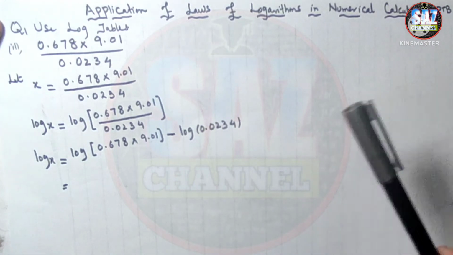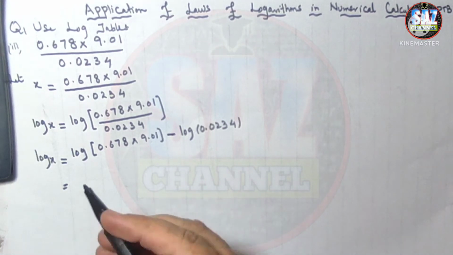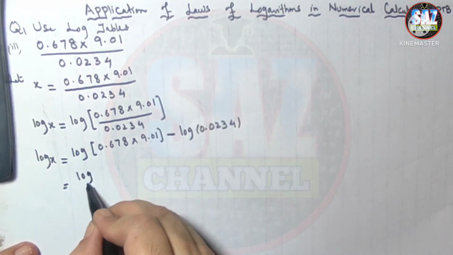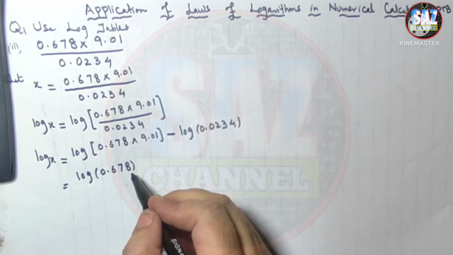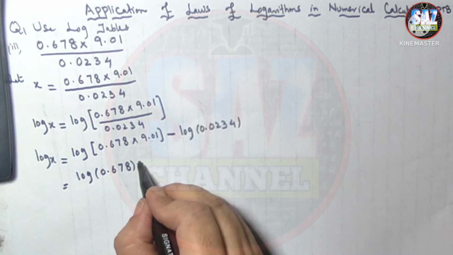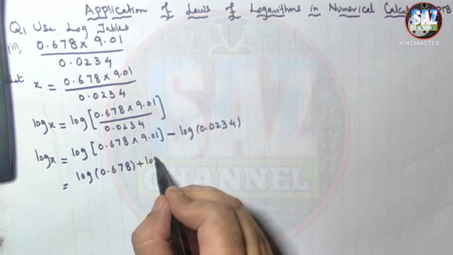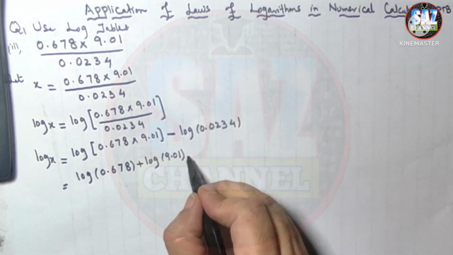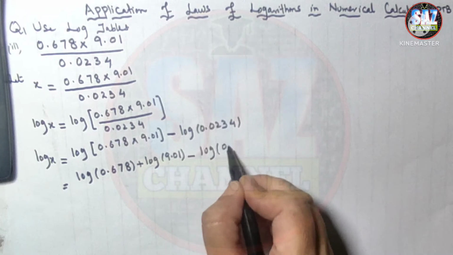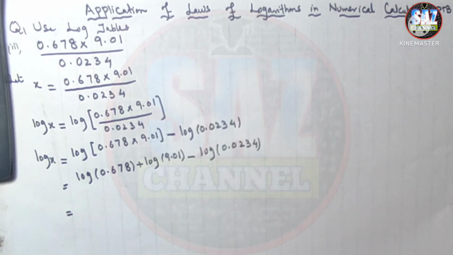And now here the numerator is the product of two values, so I will be writing log 0.678, and the product law of logarithms says that when two or three numbers are in product form, we write the sum of their logarithms, log 9.01 minus log 0.0234.